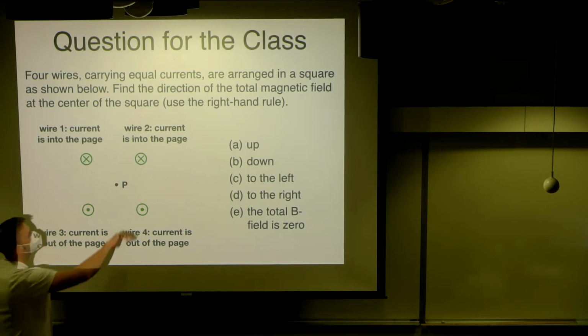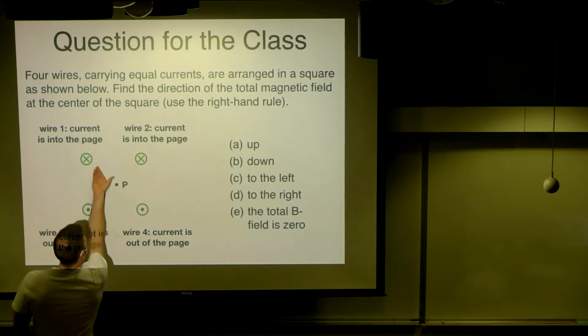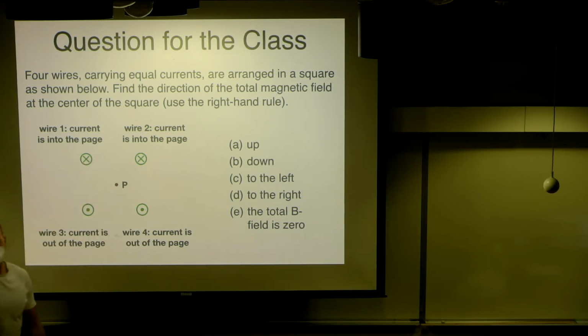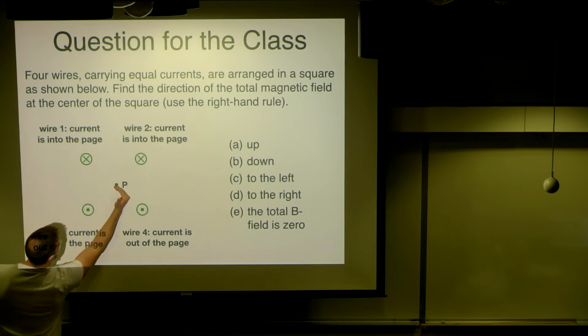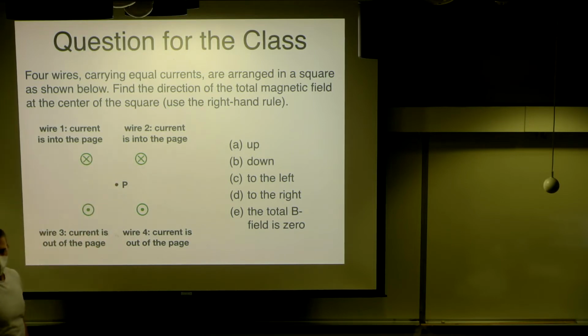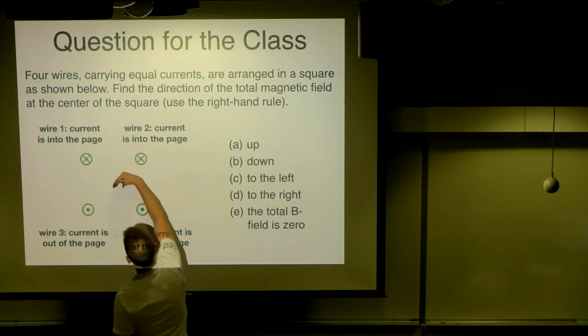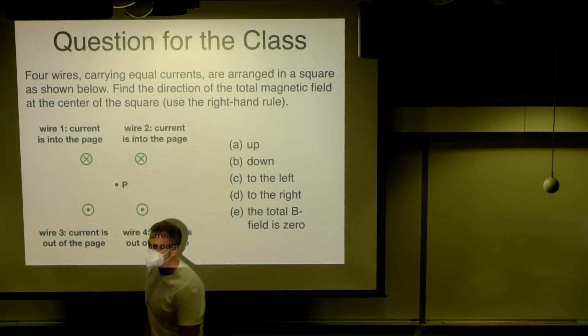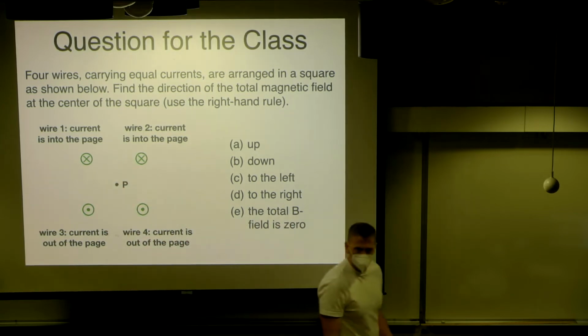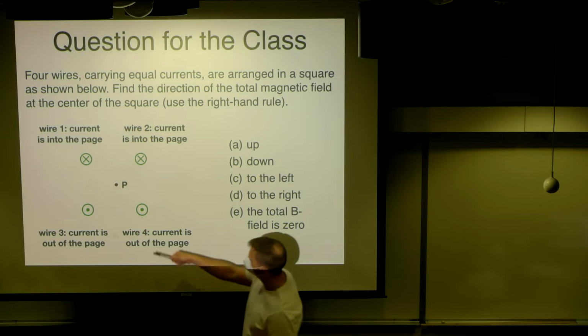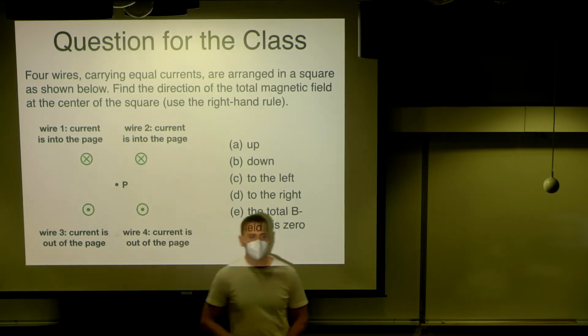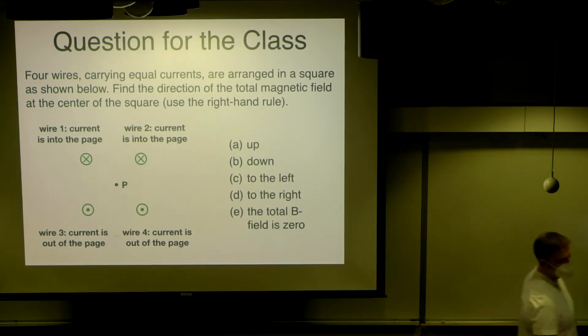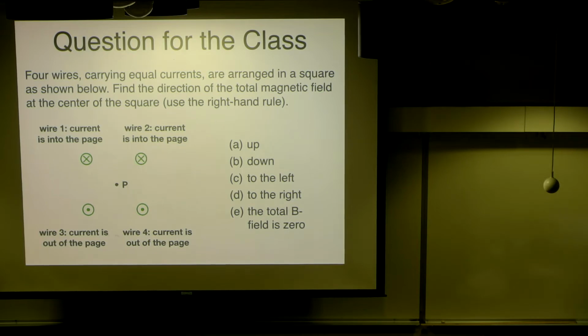For wire number 2, it looks like I'm going up and to the left like this. For wire number 3, up and to the left like this. Wire number 4, down and to the left like this. Do we agree? If we were to draw those loops around each wire, that's which way we would see the B field going in each of those cases.